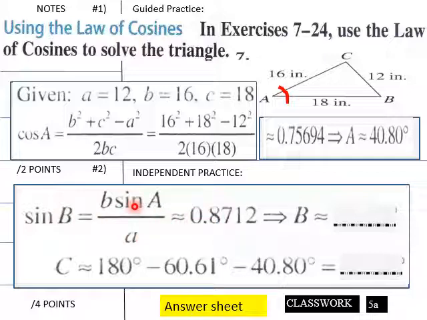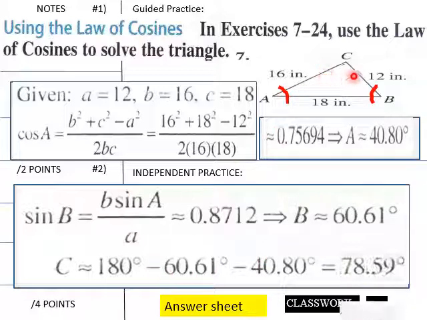When we plug in these values, we come up with this number from this calculation, and then we use our inverse sine, and we get 60.61 for B. So we know this angle measure. Then we can just subtract to find what our angle C is. Our angle C is 78.59 degrees. So that'll be your methodology here to use the law of cosines to solve a triangle like this.